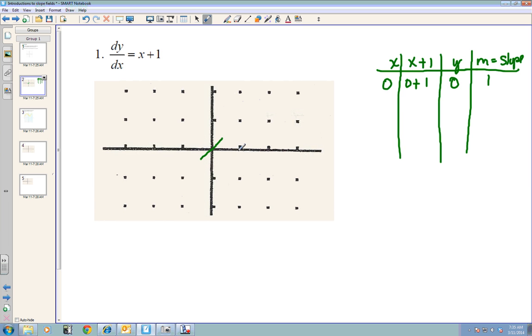Okay? So let's do our next point. Let's do the point 1, 0. So x is 1, 1 plus 1, so my slope is 2 at that point. If this is the slope of 1, I need to make this line segment so that I can tell it's a little steeper. A slope of 2.